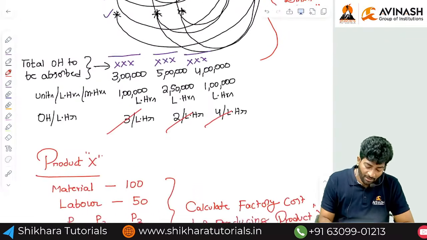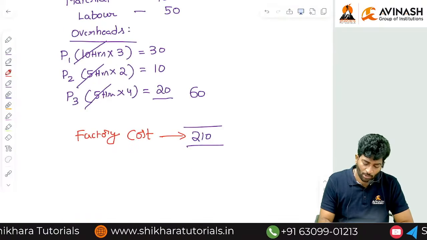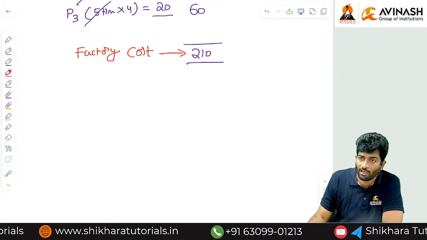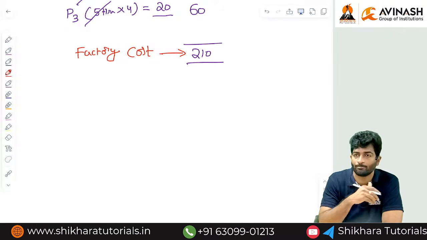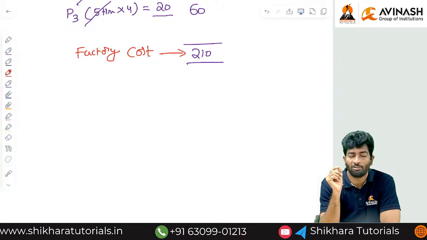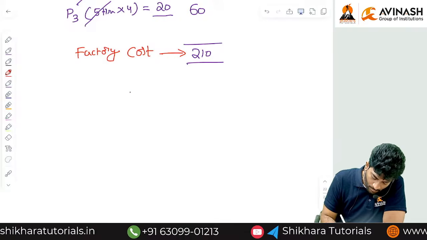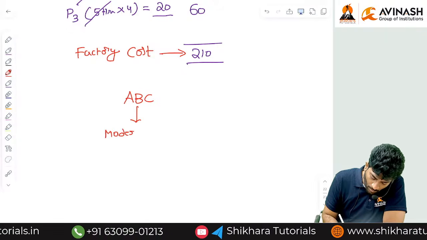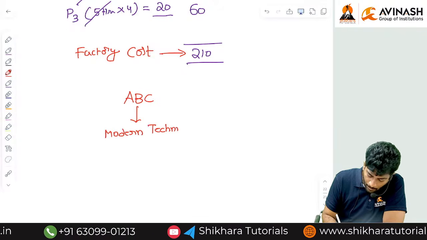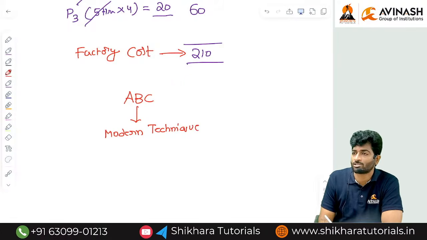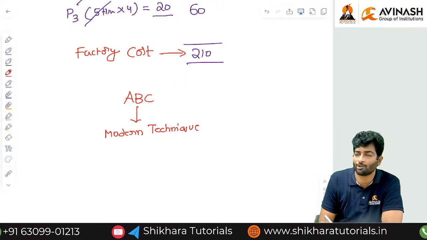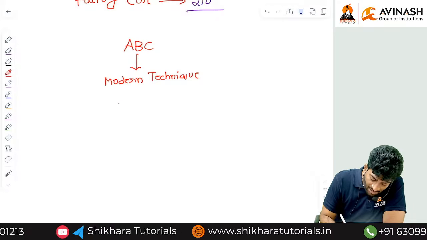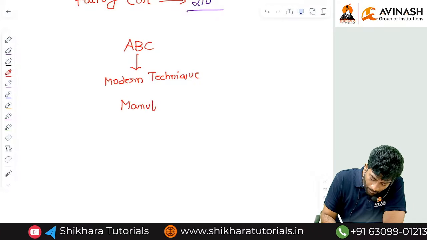Now, having this limitation in the traditional system of absorbing overheads, we have a new technique, a modern technique, ABC. ABC is a modern technique where it wants to absorb the cost based on activities, based on the manufacturing process.